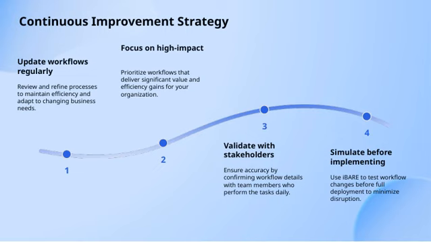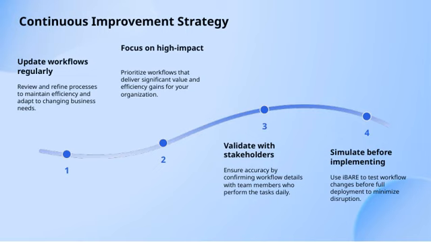Another key point is validating workflows with stakeholders. It's important to confirm that the details are accurate by consulting the team members who perform these tasks daily. Their insights help us avoid errors and ensure the process is realistic and practical. Then, before we fully implement any changes, we should simulate them using tools like iBARE.